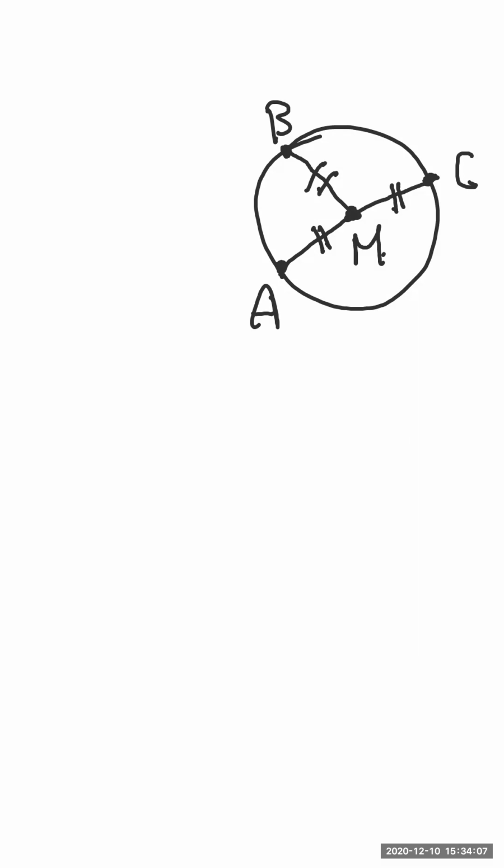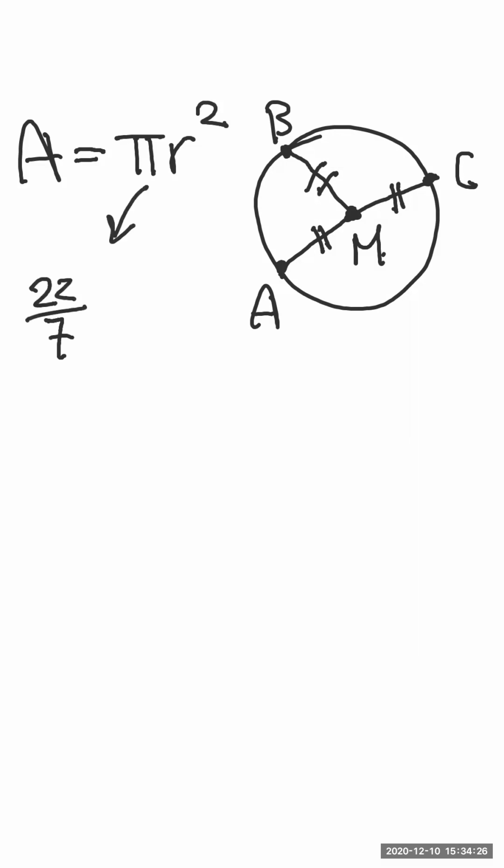Okay, guys, great. Remember that, guys, area of the circle equals pi R squared. We studied before that pi equals 22 over 7 or 3.14, and R is the radius, of course.